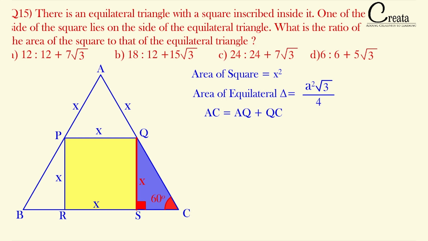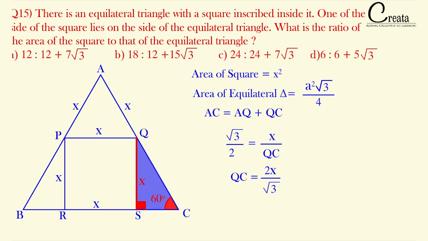So we got QSC as a right angle triangle. So we can apply trigonometry, that is sine 60 degree is equal to perpendicular over hypotenuse. So we got sine 60 degree is equal to x upon QC. We know sine 60 degree is equal to root 3 by 2. On solving, we got QC is equal to 2x upon root 3. We got the value of QC.